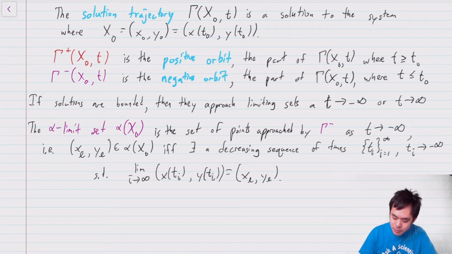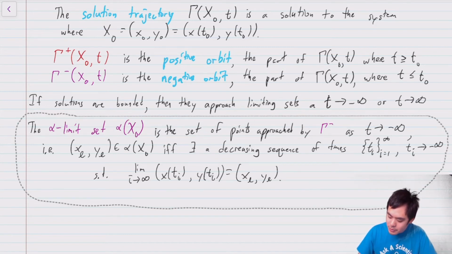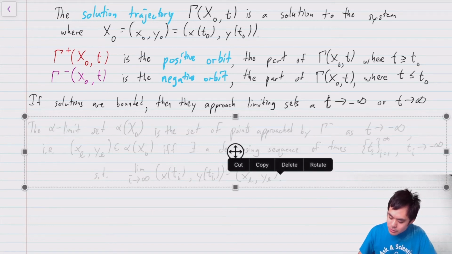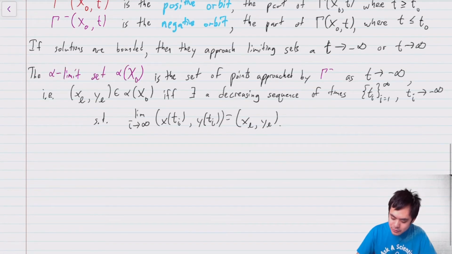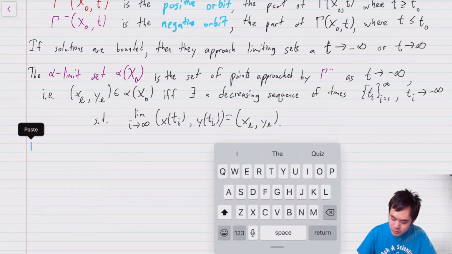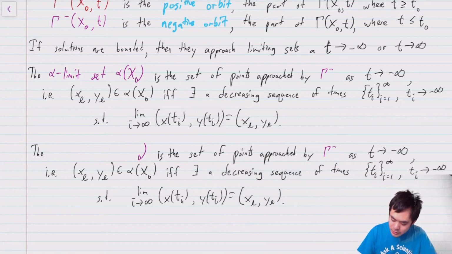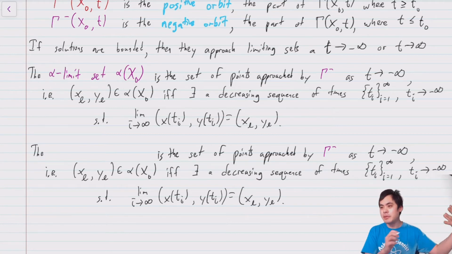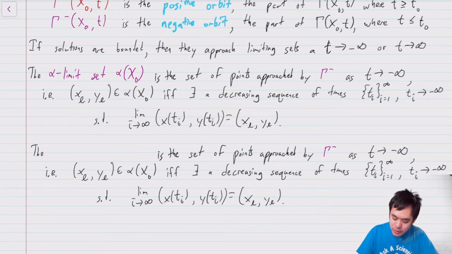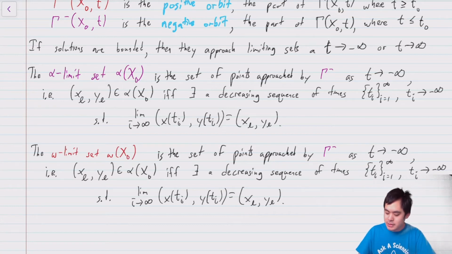And there's a comparable limit, which we call the omega limit, for as time goes to positive infinity. Let me just copy this since the definition is quite similar, and change a couple things. So that was the alpha limit, alpha because it's the start of the alphabet, and this is at time negative infinity, so at the very beginning of time. And we have the omega limit set, omega of x naught, which is the set of points approached by omega plus as time goes to positive infinity.